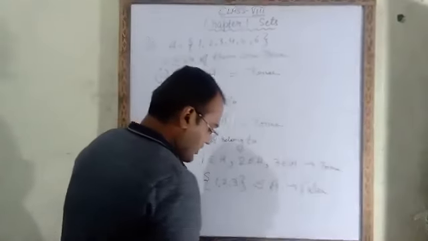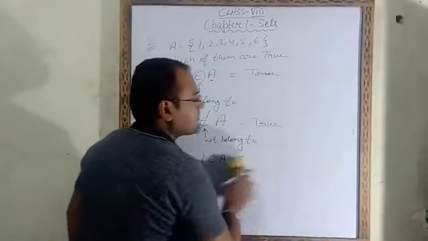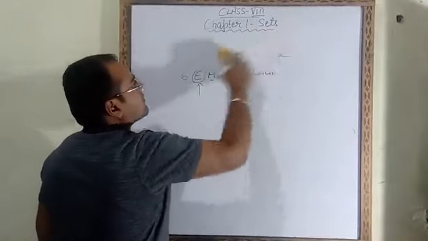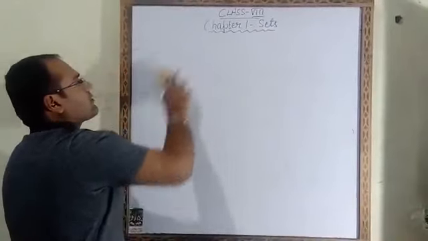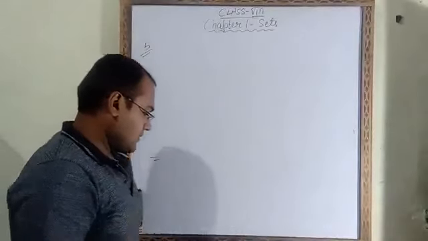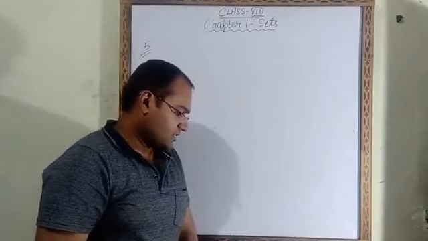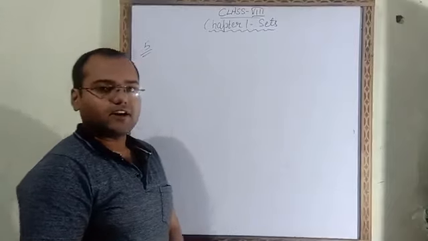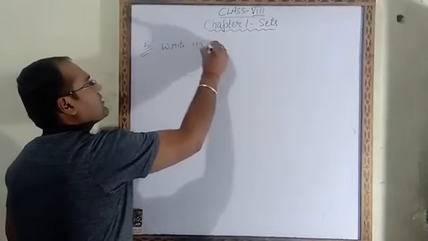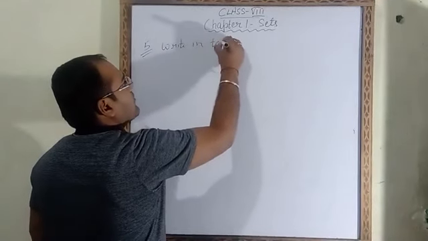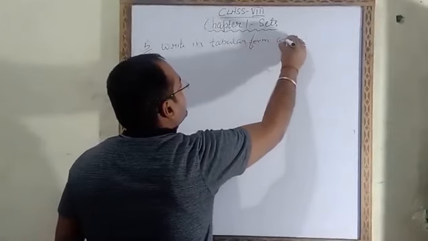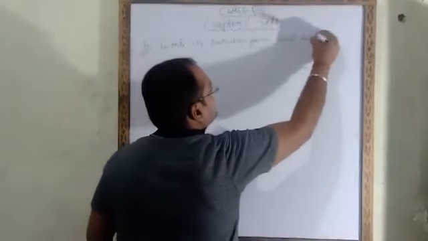Now see question number 5th. Fifth question. Express each of the following set in tabular form and set builder form. We have to write in tabular form and set builder also.